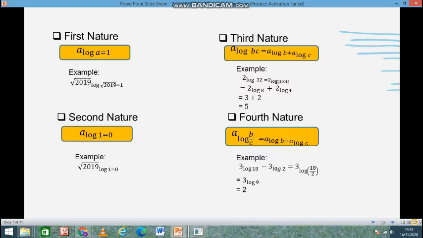Example, 2 log 32 equals 2 log 8 times 4. As above, the numerus is a multiplication, so we convert it to a logarithm summation, namely equals 2 log 8 plus 2 log 4.